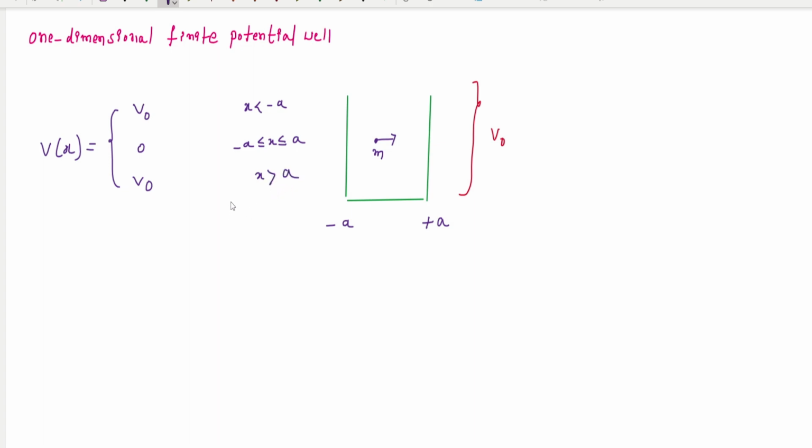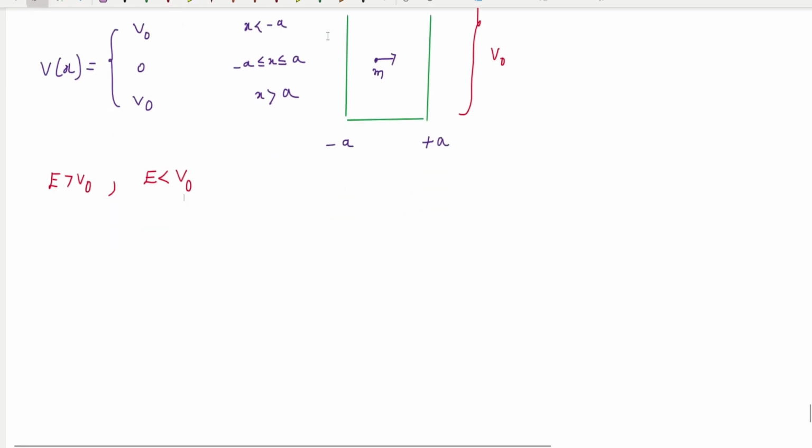So here two physically interesting cases are there. One is E greater than V naught, another case is E less than V naught.